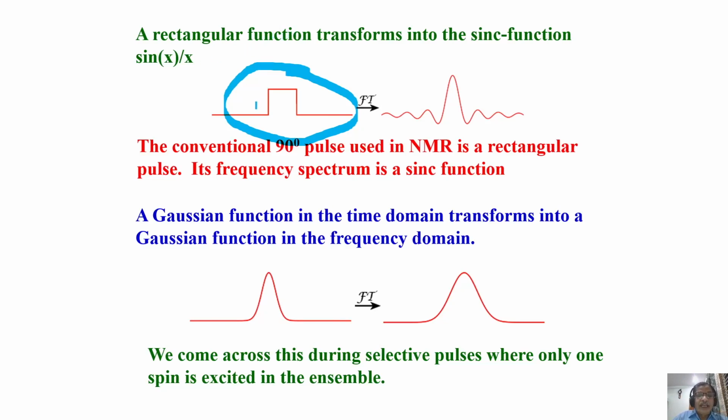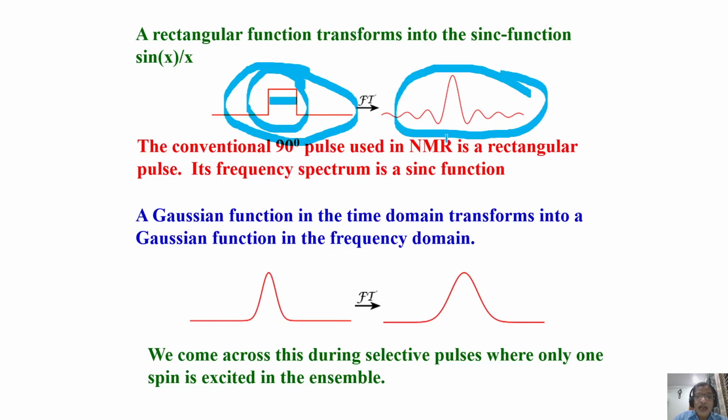So this is like a square or rectangular pulse. Depending upon its width, if you do the Fourier transformation, you get a sinc function. The zero crossings are inversely proportional to this width. If the width is t, the zero crossings are at minus 1 over t and plus 1 over t.